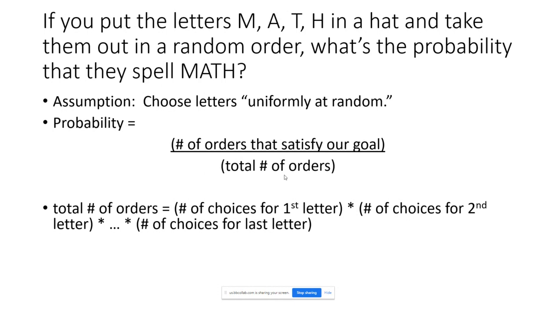Times the number of choices for the last letter. And at that point, there's only 1 letter left, so there's 1 choice. So we have 4 times 3 times 2 times 1, or 24 for our denominator. So overall, our probability of getting back the word math is 1 over 24.